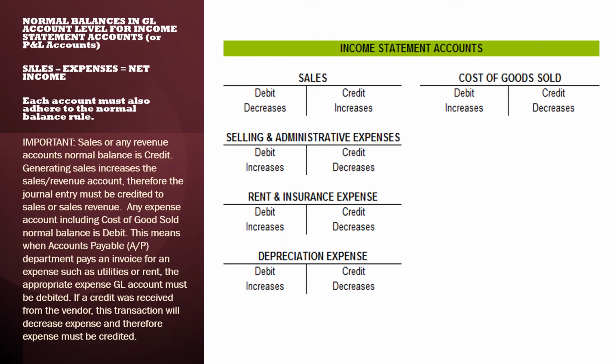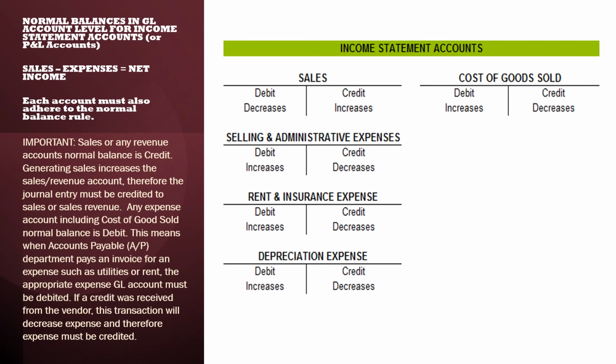So the income statement is always going to be your sales less the expenses, and that will give you the net income. And that's the net income that flows through the retained earnings that we discussed earlier for our balance sheet. So this is where we're saying that your sales minus all of your expenses should always be a net credit balance, right?